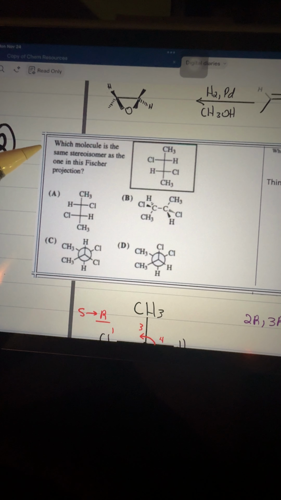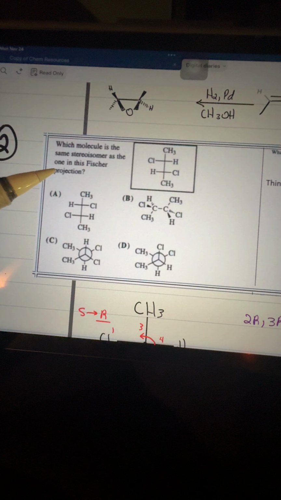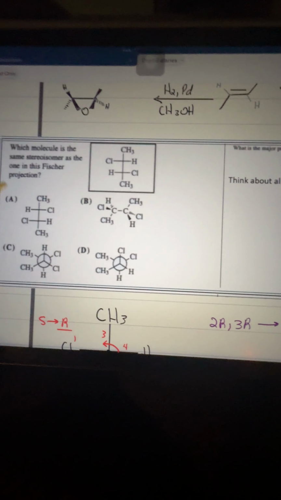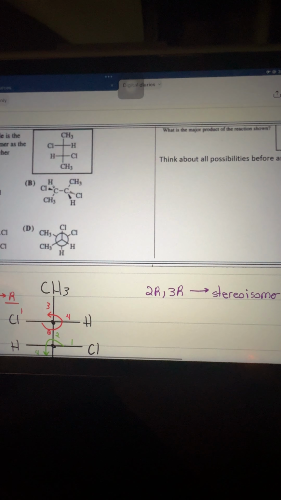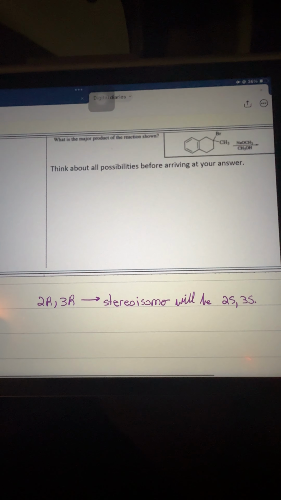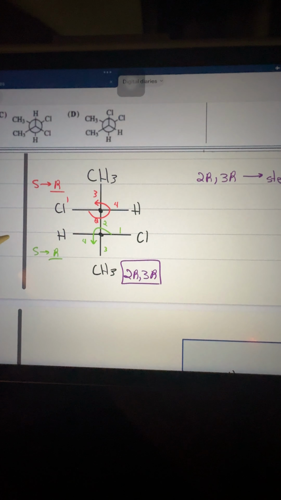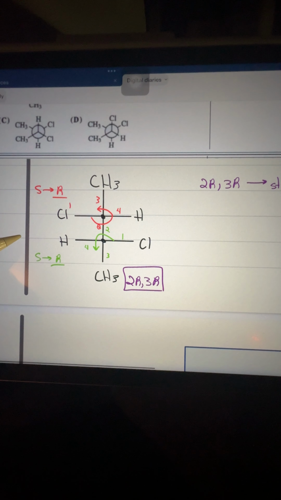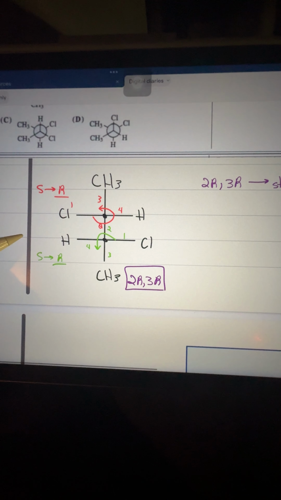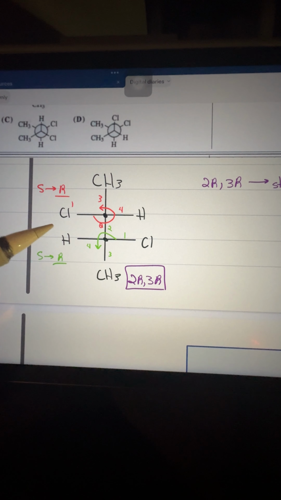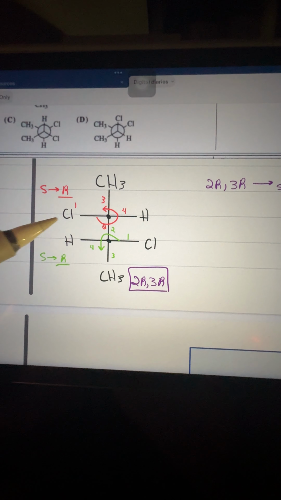And now the second part is stereochemistry. It asks me which molecule is the same stereoisomer as the one in the Fischer projection. To go about this one, I had to figure out the configuration of the stereochemistry for each chiral carbon.